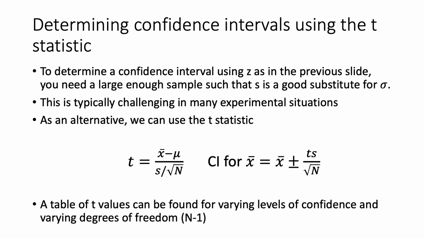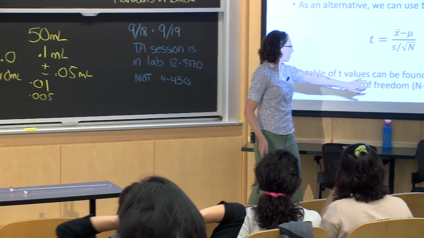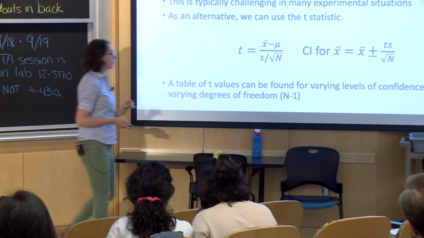You can calculate t-statistics using this formula if you have all of this information, or you can get a table of t-values for varying confidence levels and varying degrees of freedom, which is n minus 1, the number of measurements that you took minus 1.